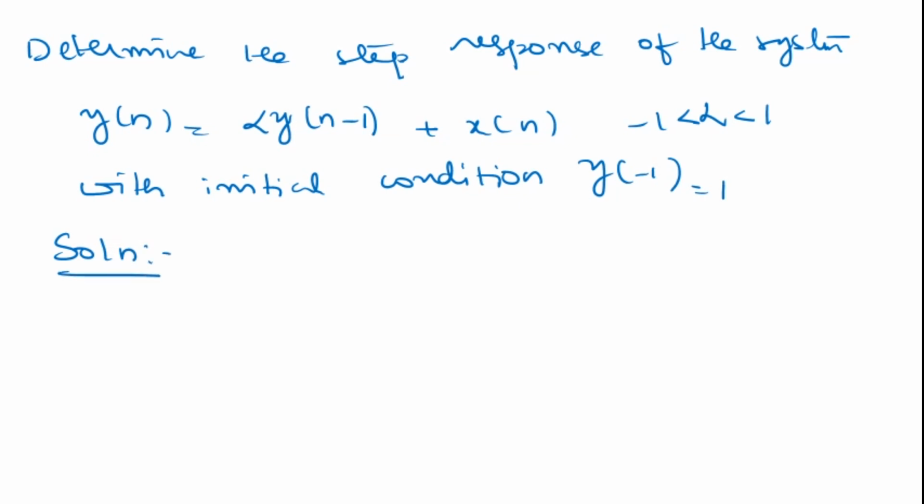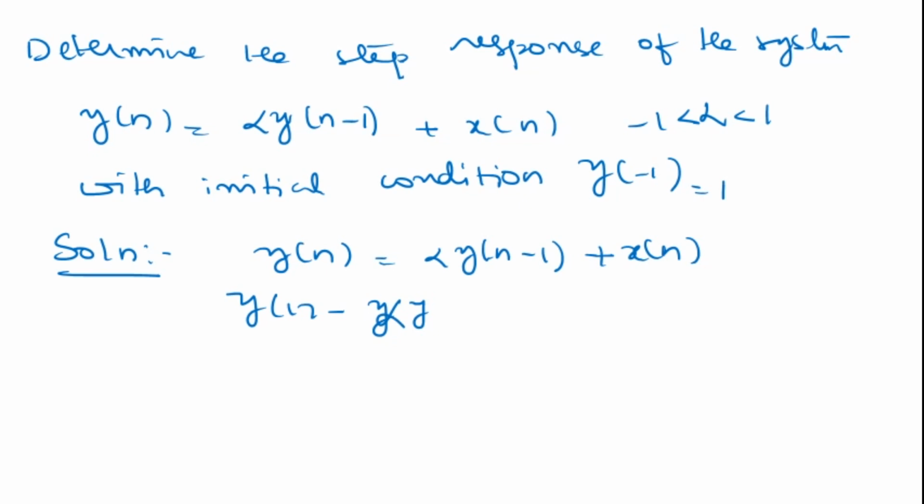It is given y of n is equal to alpha into y of n minus 1 plus x of n, or y of n minus alpha into y of n minus 1 is equal to x of n.